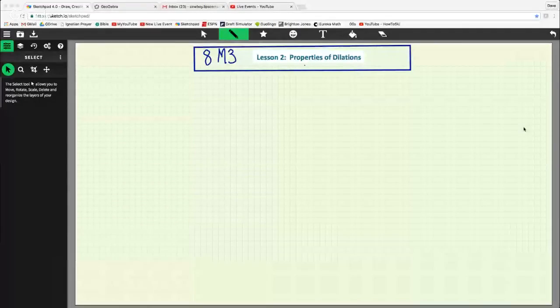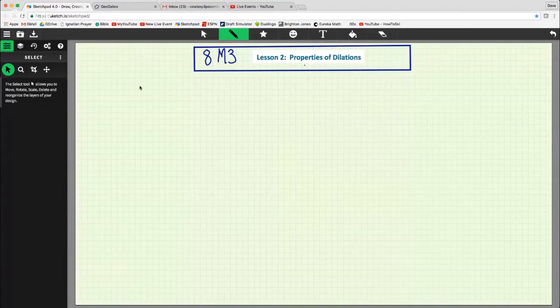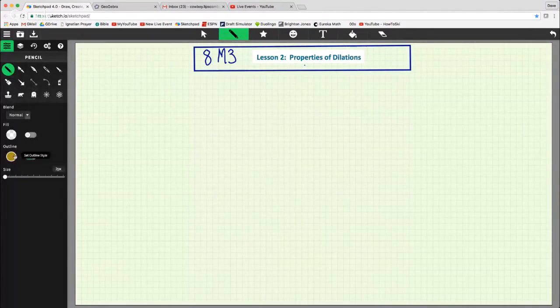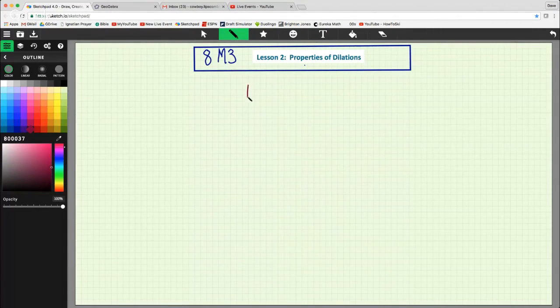Okay, so here we are. We're going to talk about, again, properties of dilation. So here's the whole key to today's lesson. Remember dilations, let's go and turn our pencil on. Dilations are like rigid transformations in that they map lines to lines.